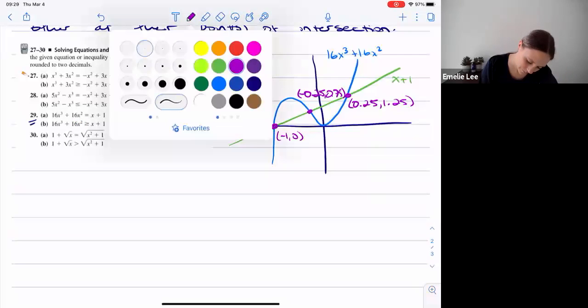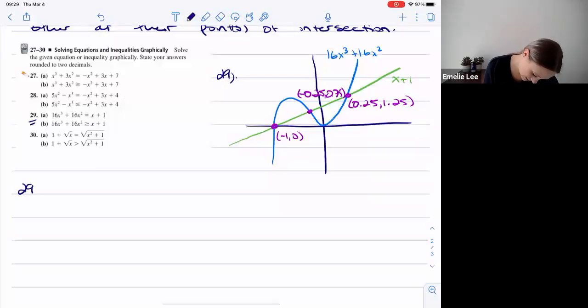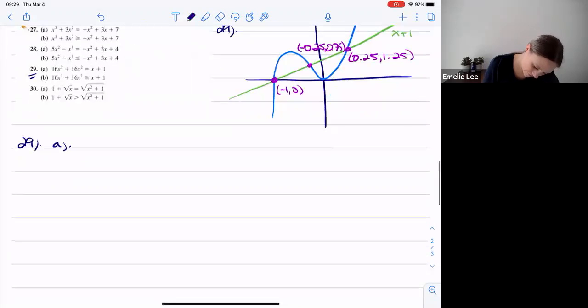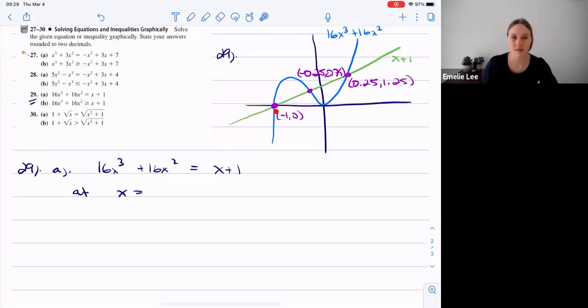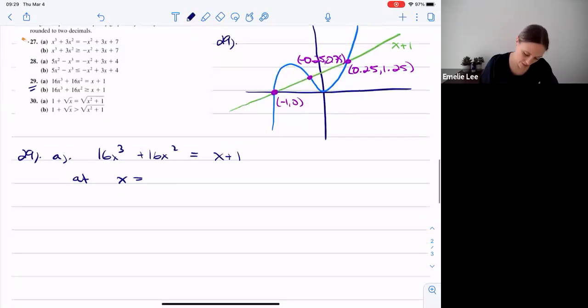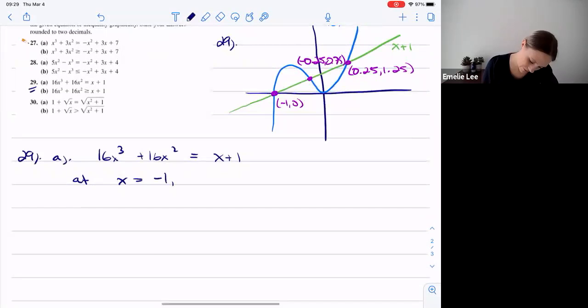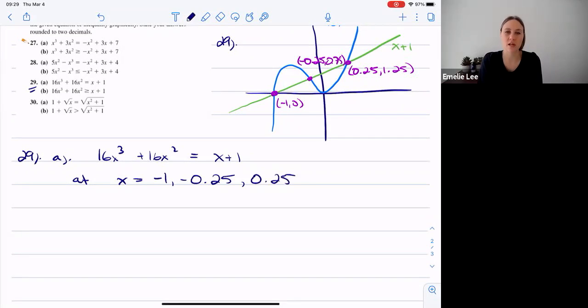So 29A, 16x to the 3 plus 16x squared is equal to x plus 1 at x equals -1, -0.25, and 0.25, right? And so those I dare say are quite easy to find. Where these graphs are equal to each other, just remembering that it's just the points of intersection.